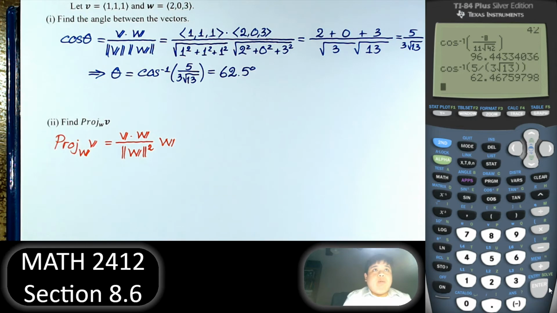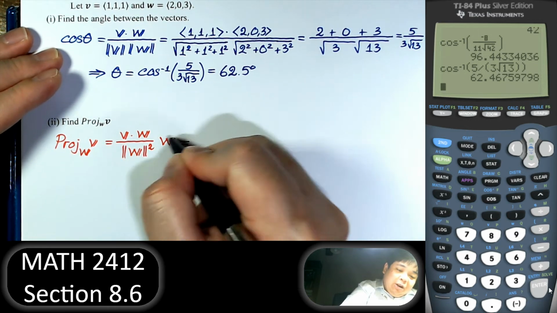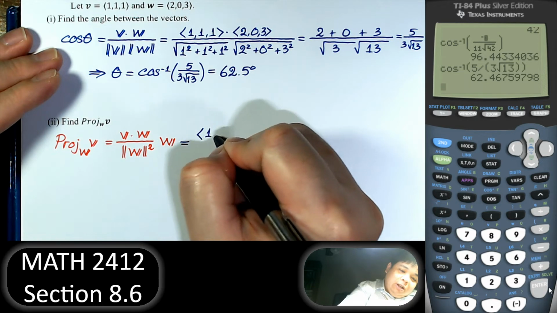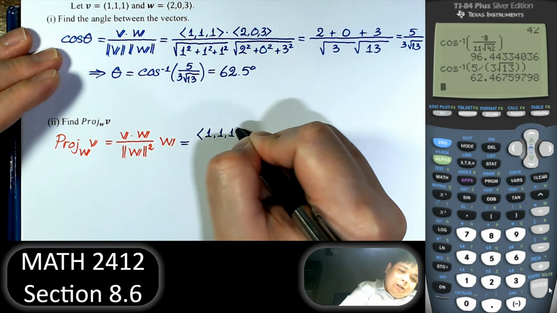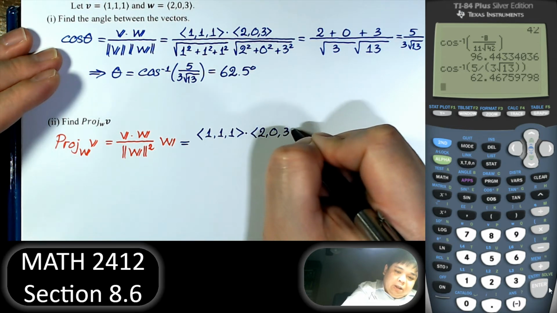So that is the formula for orthogonal projection. Later on we can check. Right, v is 1, 1 and 1. Now dot with 2, 0 and 3.